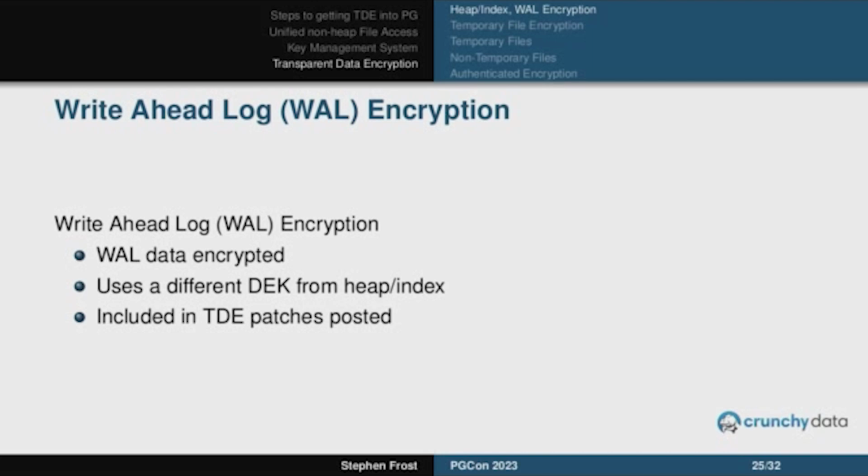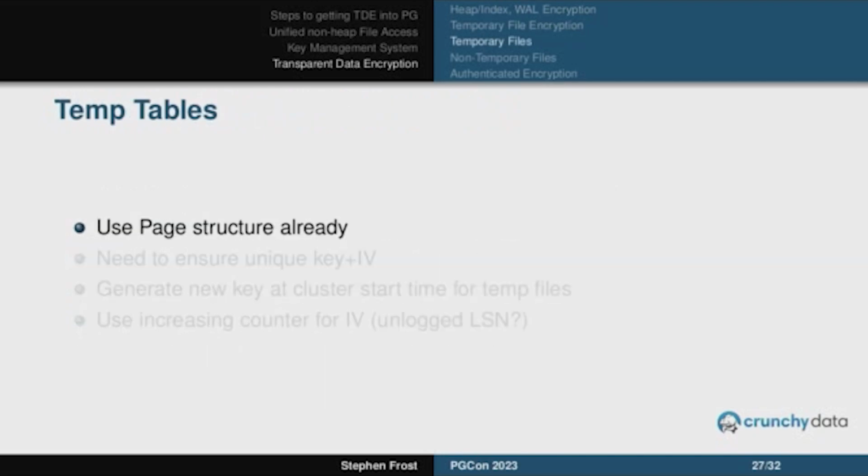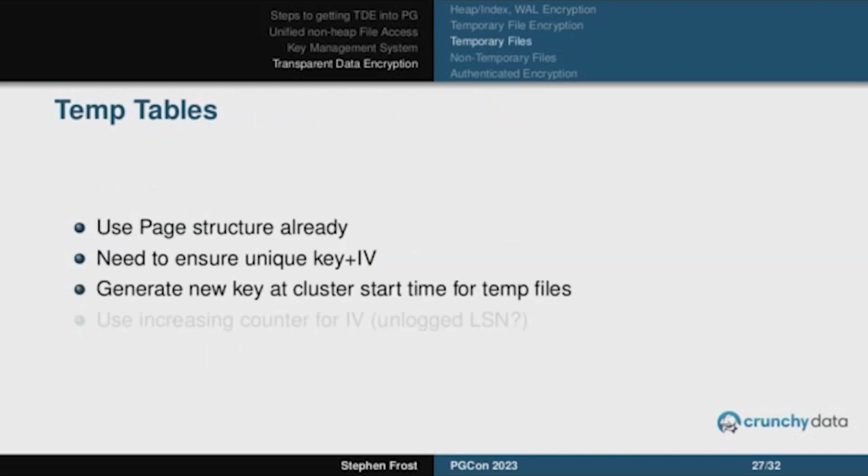Okay. So I think I talked through this. I talked earlier about just unifying the structures. Here I'm talking about when we're doing encryption of temporary tables. I mentioned this early on.